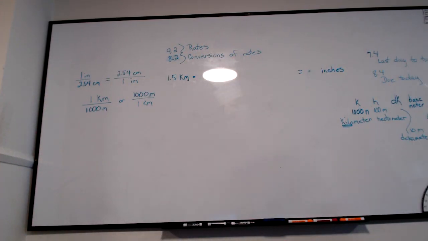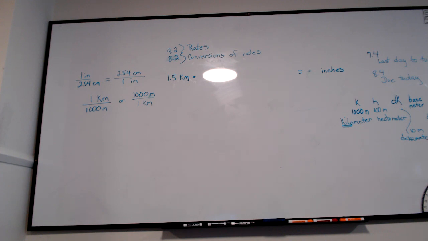Do you see how that can help us decide how many meters I now have? Which one would I multiply by? So I've changed it off of kilometers. Which one, the first ratio or the second ratio? Which one do I want to do it by?